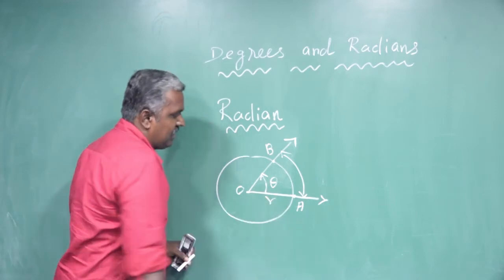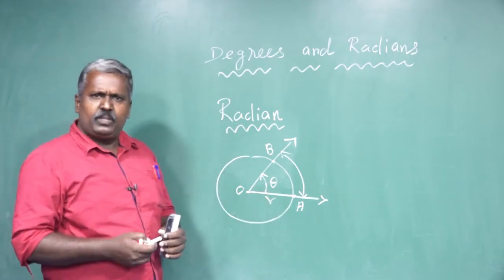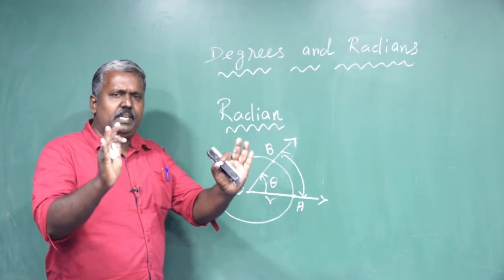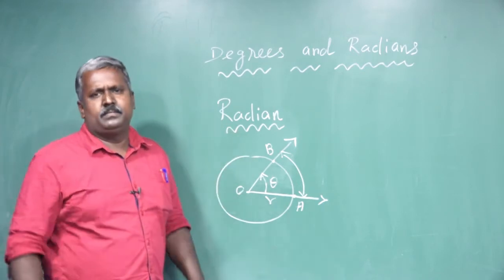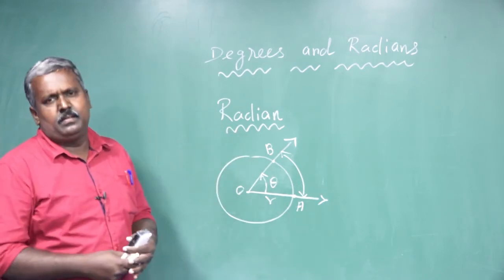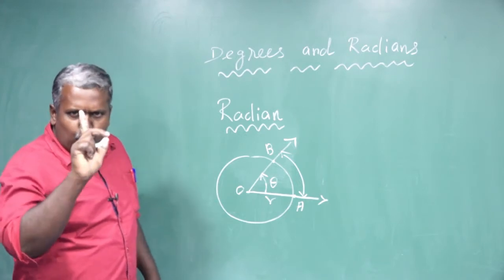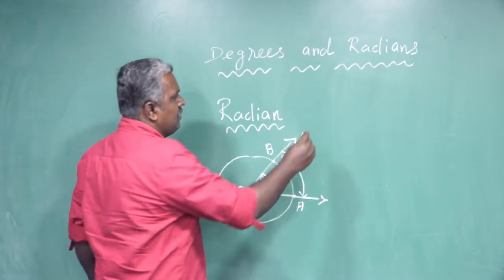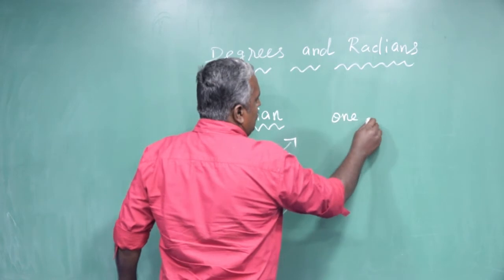This is the radius of the circular arc. Okay, it is generally called radian. Then what is meant by 1 radian? That is different, 1 radian is different.